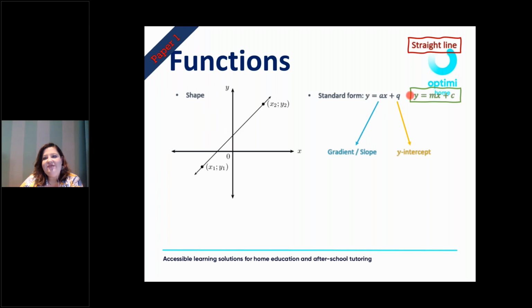So if you just look at the formula of a straight line, y is equal to ax plus q, you can already see just by looking at it, at what value my line will cut my y-axis. So when we work with straight lines, you will always see the formula y is equal to ax plus q.